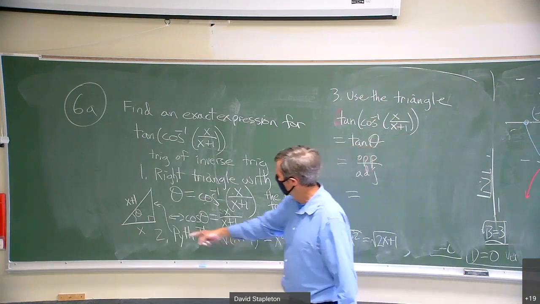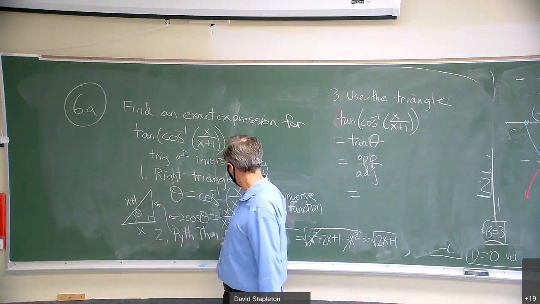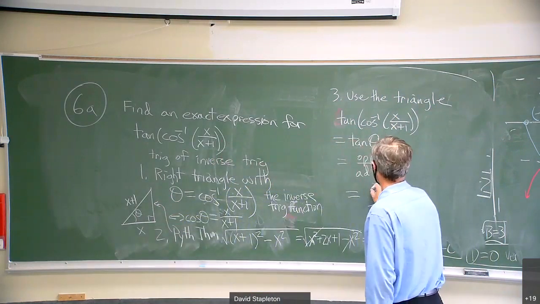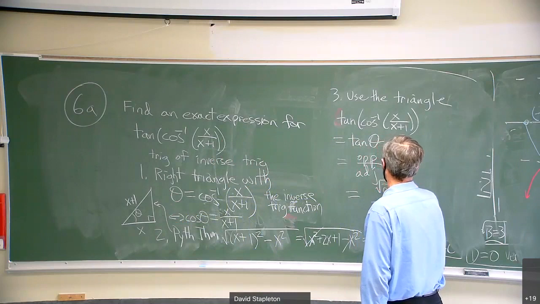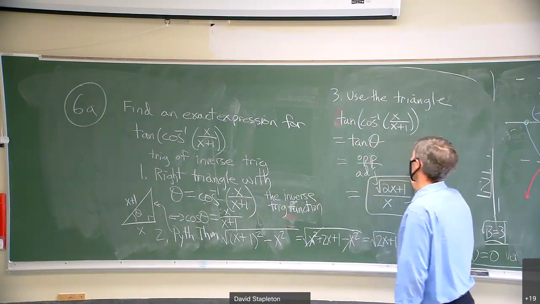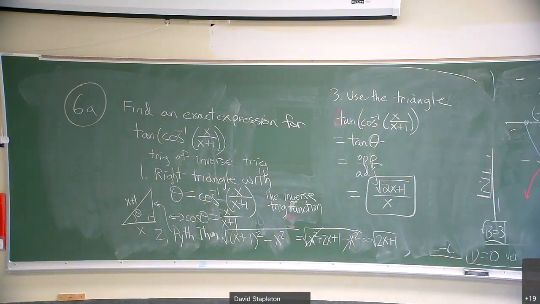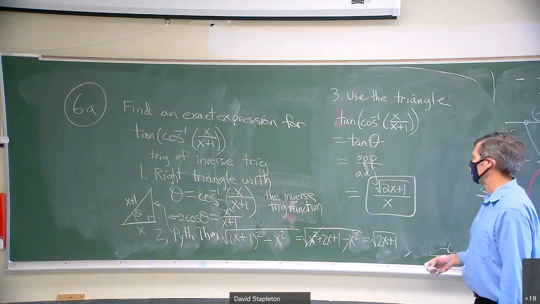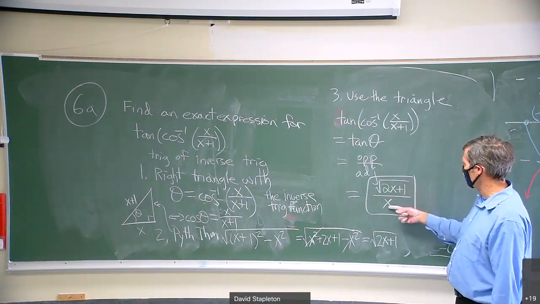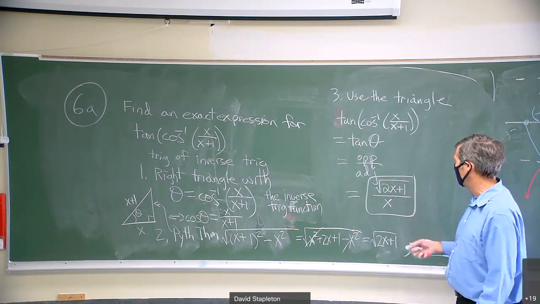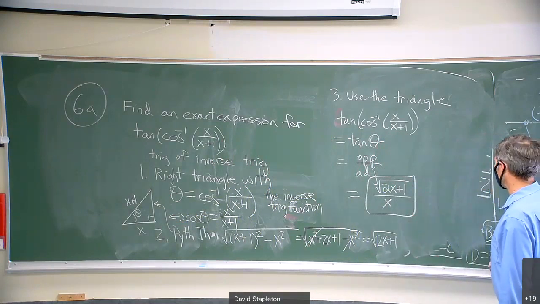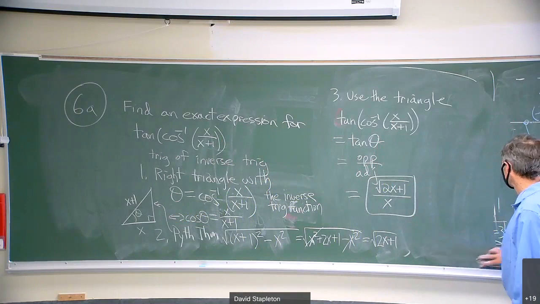Opposite is root 2x plus 1, and the adjacent is x. There it is. So marvelously, the tangent of the arc cosine of x over x plus 1 is actually this algebraic expression, surprisingly. That's what happens with trig functions of inverse trig functions.